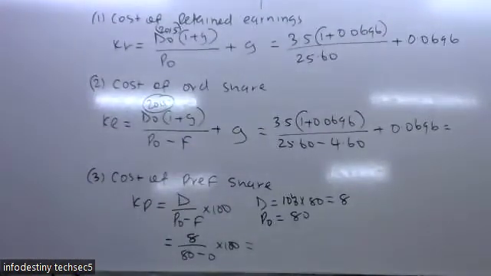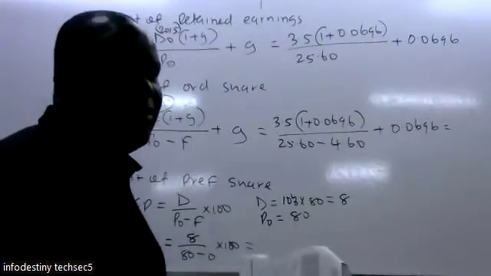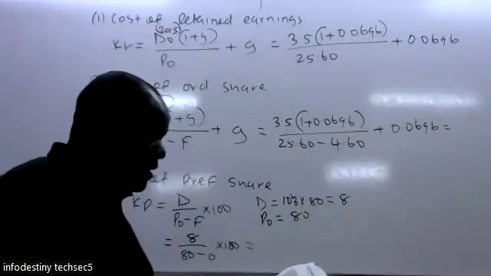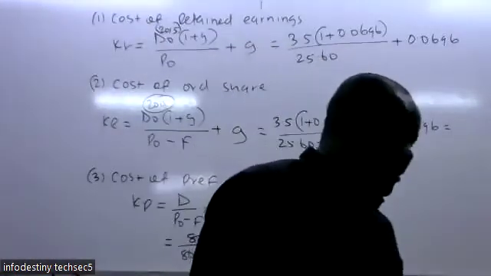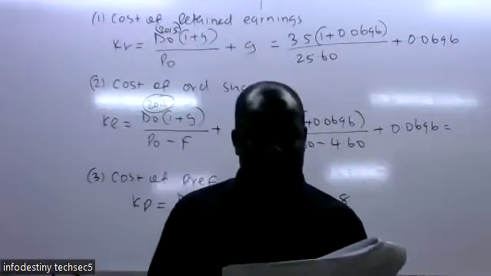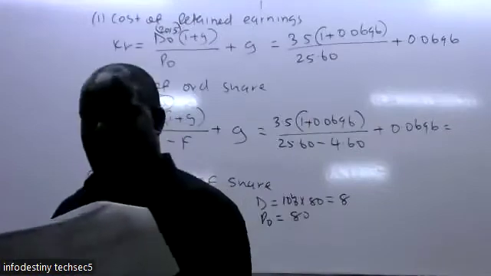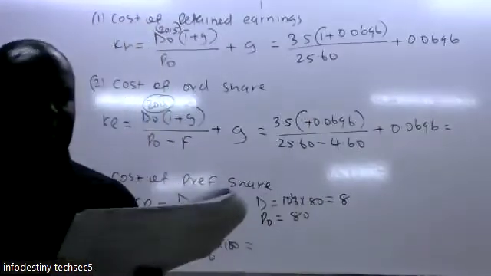So finally, we go to the debenture. Debentures are two of them. We also compute now the cost of the debenture. Debentures are there in note number 4. 9% redeemable debentures. The par value is 1,000 shillings each.